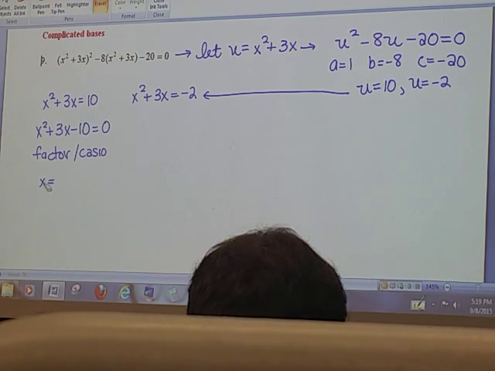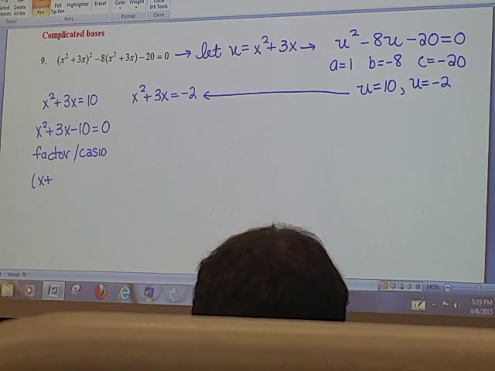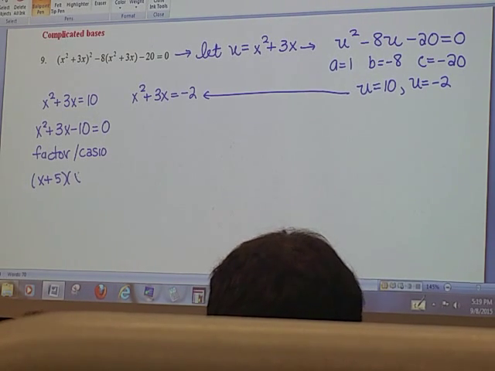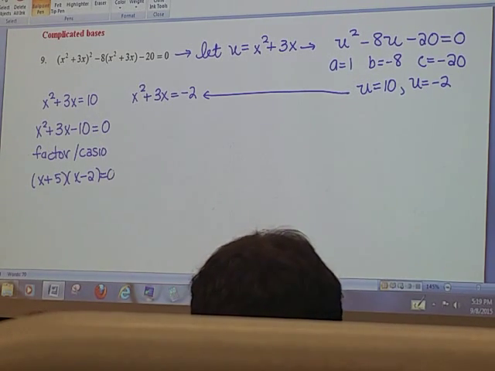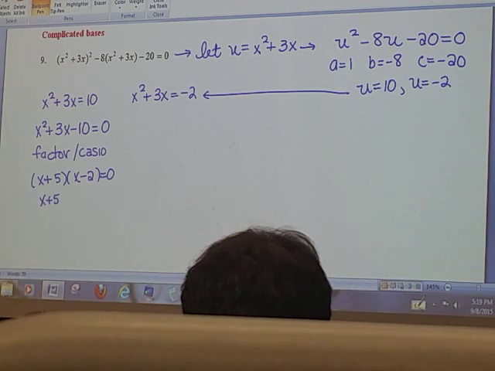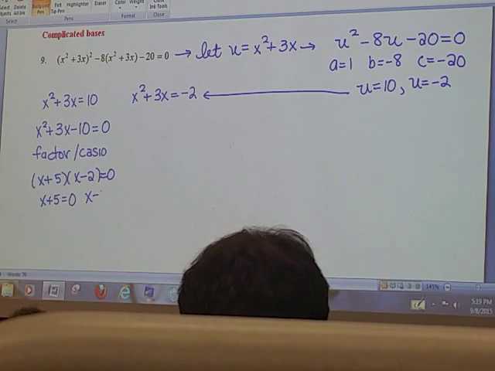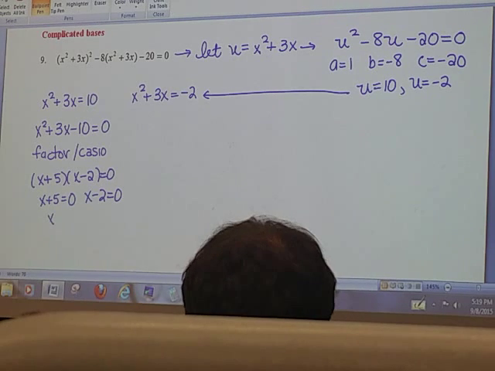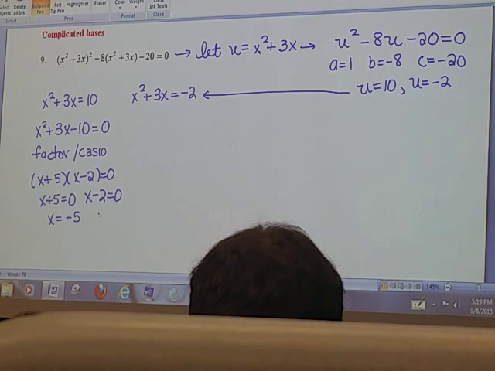I'll show you one of them factored. X plus 5, x minus 2 equals 0, x plus 5 equals 0, x minus 2 equals 0, x equals negative 5, x equals 2.